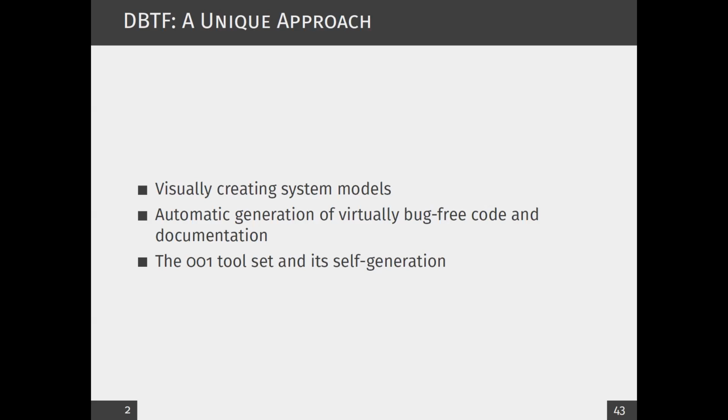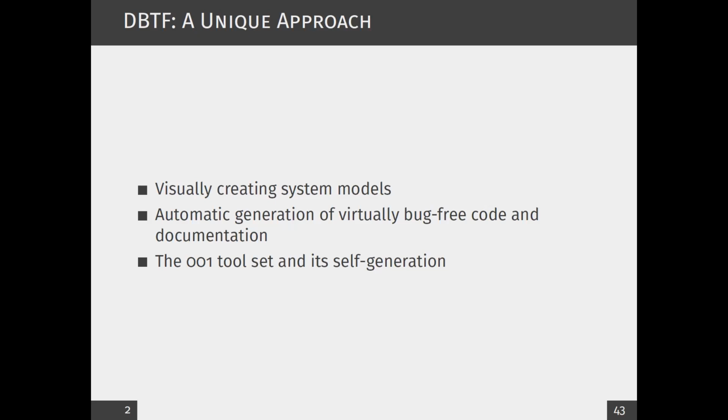Now, this was a very unique approach, and it was a visual model. I will share some basic representations of the systems. The main task of this technology is visually creating the models, right?